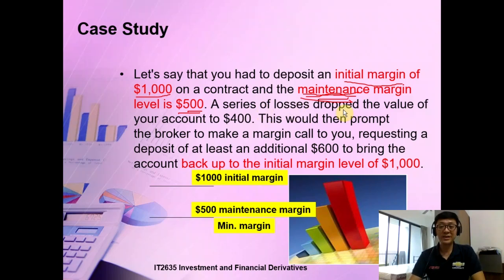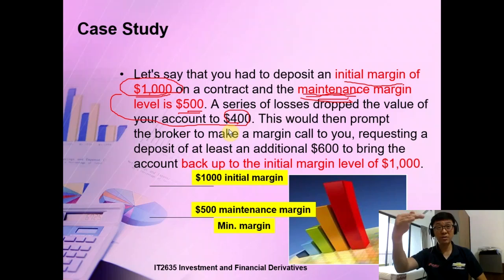So for example, let's say you buy something and then you make a loss in the futures trading at the end of the settlement. So from the 1,000 initial margin, it dropped to 400. Let's say you lose 600 in your futures trading.